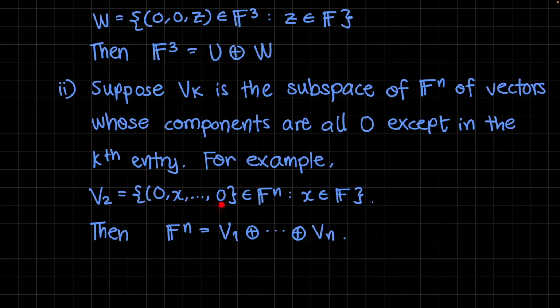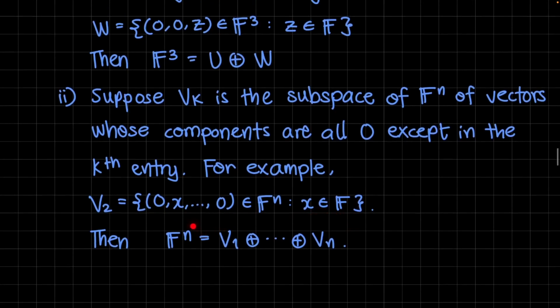Everywhere else is zero. So we have (0, x, ..., 0). And of course this belongs to Fn because it's a tuple of n elements, each of which belongs to the field, and of course x has to belong to the field.